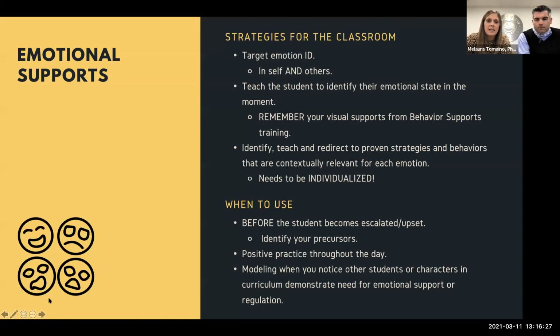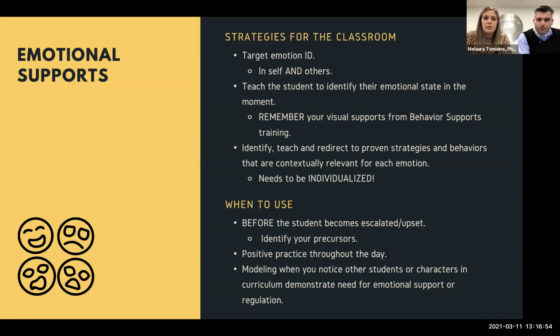You also want to teach the student to identify their emotional state in the moment. So oftentimes during a challenging behavior, or if a student is upset, or if there is a peer rivalry on the playground, we oftentimes just try and immediately stop it, but really helping the student identify it in the moment and identify what is their body telling them and what is their body doing and what emotion does that evoke.